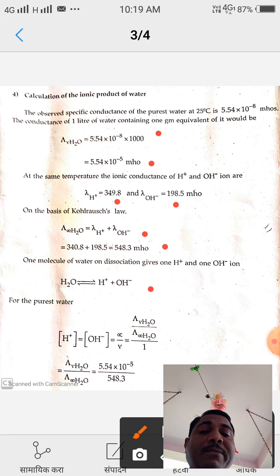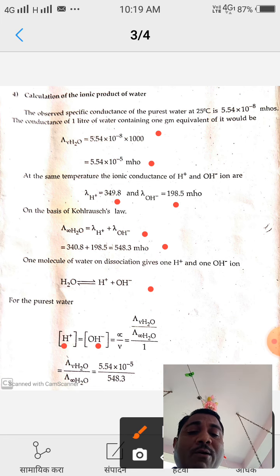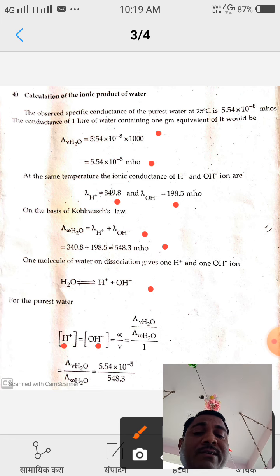If one molecule of water dissociates to give H positive and OH negative ions, this reaction shows an equilibrium between H2O and the H positive and OH negative ions. For the purest water, the concentration of H positive ion is equal to the concentration of OH negative ion, always equal to alpha divided by V. This alpha is known as the degree of dissociation, and V is the volume of the solution.